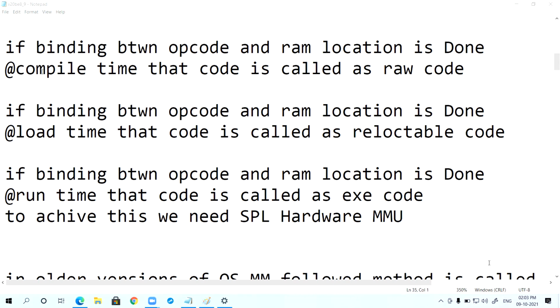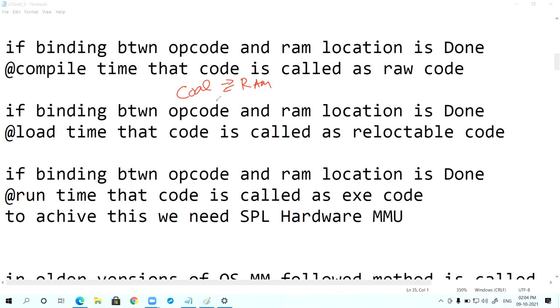The opcodes need to sit into a RAM location, and the processor needs to fetch those instructions. The binding between the opcode and the RAM location can be done in 3 different phases.